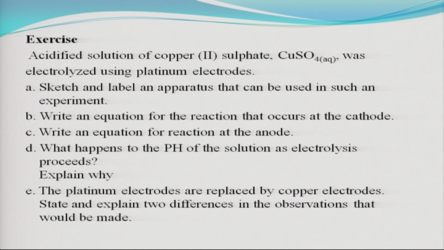Then write the equation that occurs at the cathode. We have done that one. Write the equations of reaction at the anode. What happens to the pH of the solution as the electrolysis proceeds? This first part of our question is about electrolysis of copper sulfate using platinum electrodes.